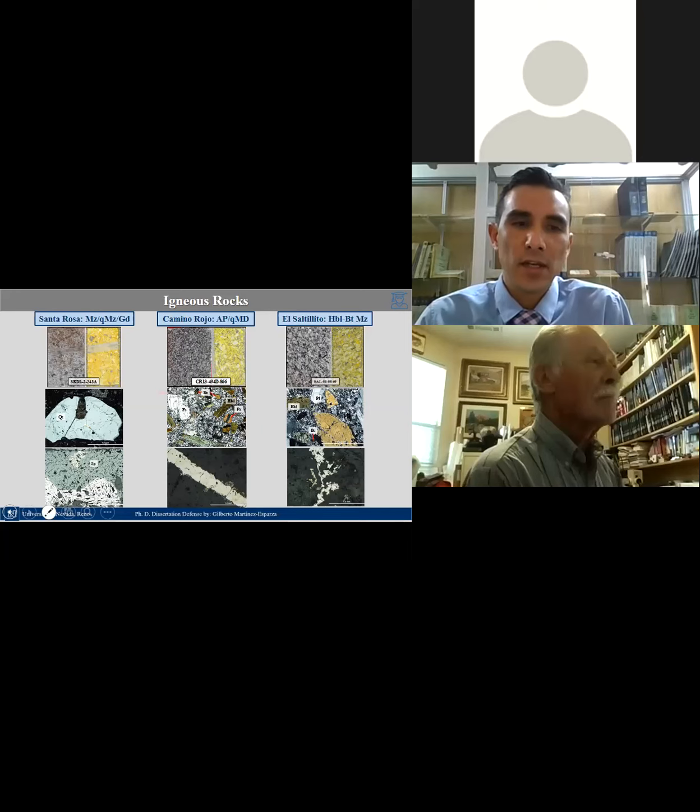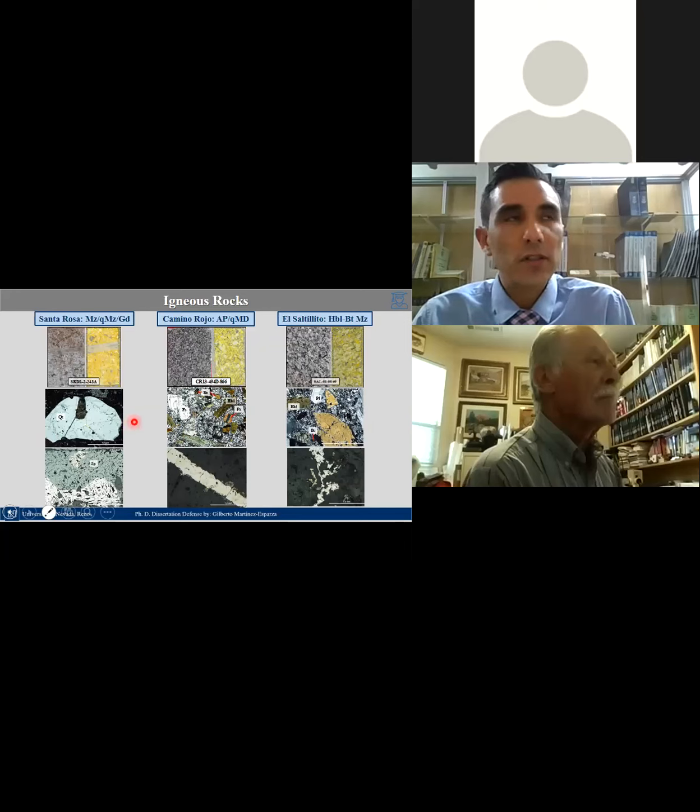We can see one of the main features of these igneous bodies. The resorbed quartz is a key feature in these productive phases. In a hand sample, it is known as eye quartz.